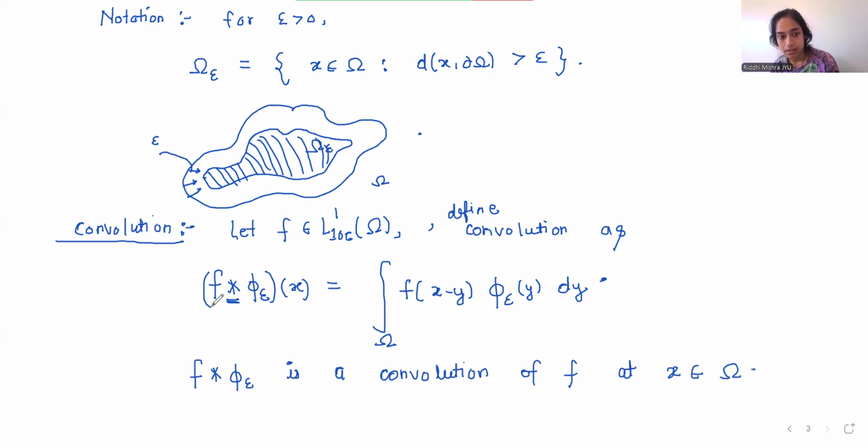So basically, convolution is also a function on omega, and it is a real valued function.